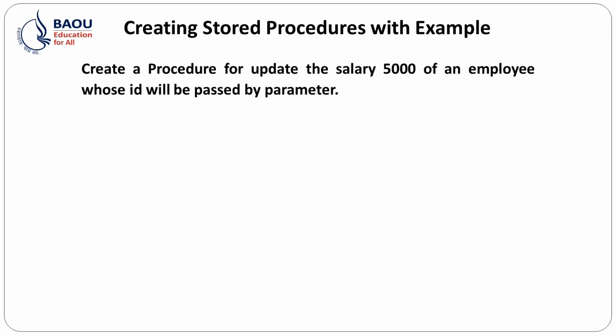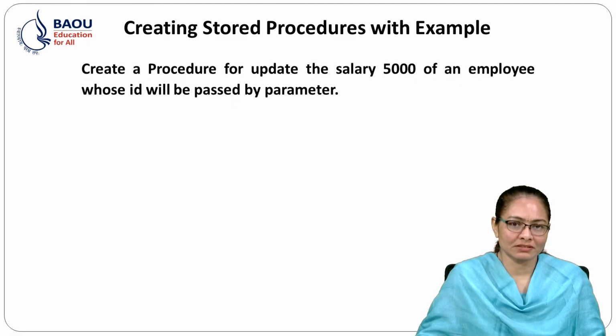Now, in the last lecture, we already completed the theory part of the stored procedure. Today, we will discuss creating a stored procedure with an example. How to create the stored procedure? Try to understand using an example. Suppose we have an employee table named EMP.